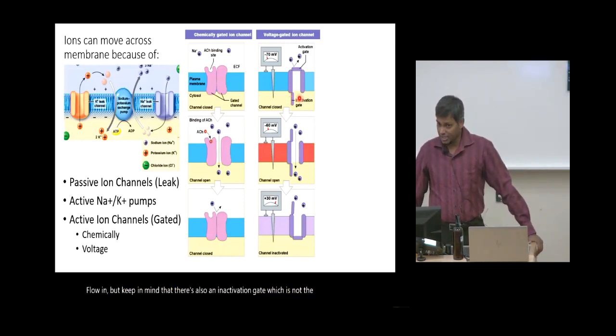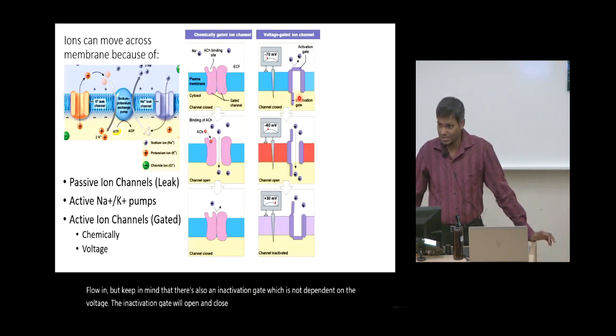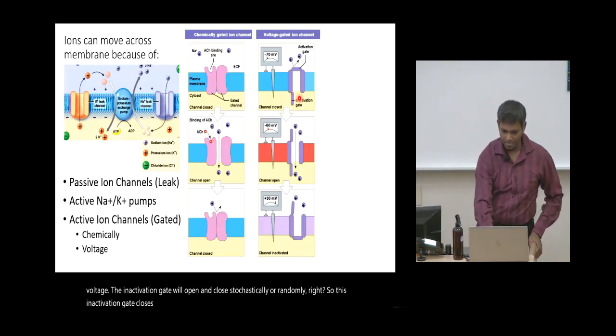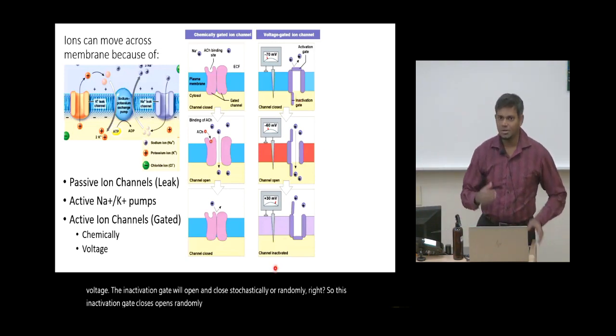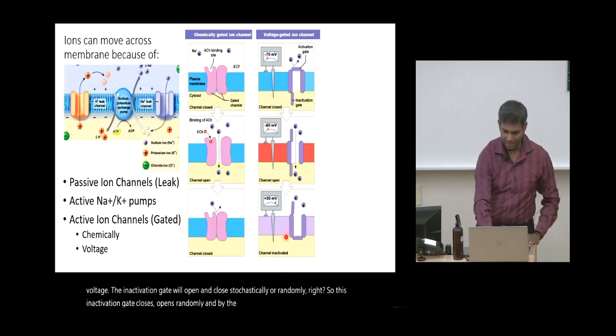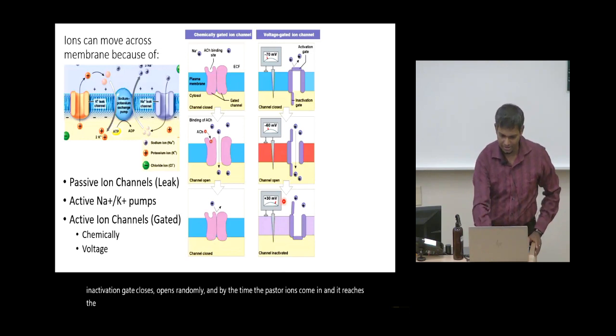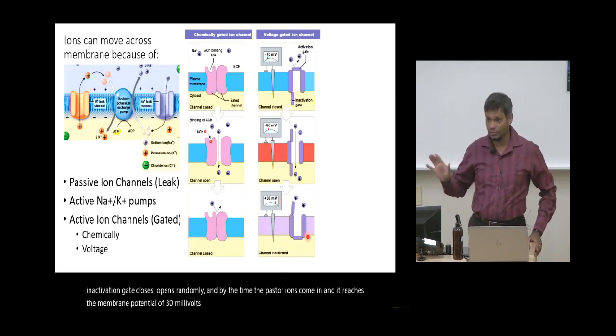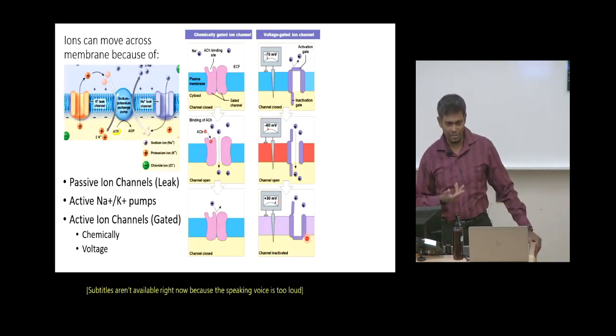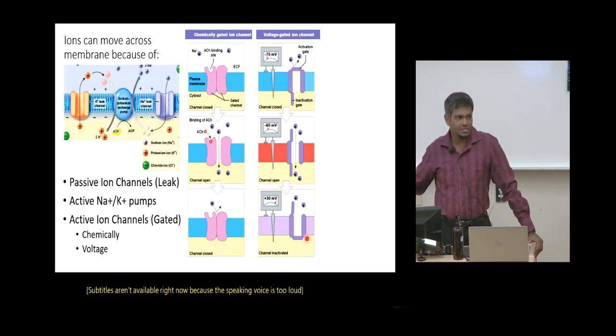The inactivation gate will open and close stochastically, or randomly, right? So this inactivation gate closes or opens randomly, and by the time the positive ions come in and it reaches the membrane potential of 30 millivolts, it can just randomly close, and it would take a while for that inactivation gate to open again.